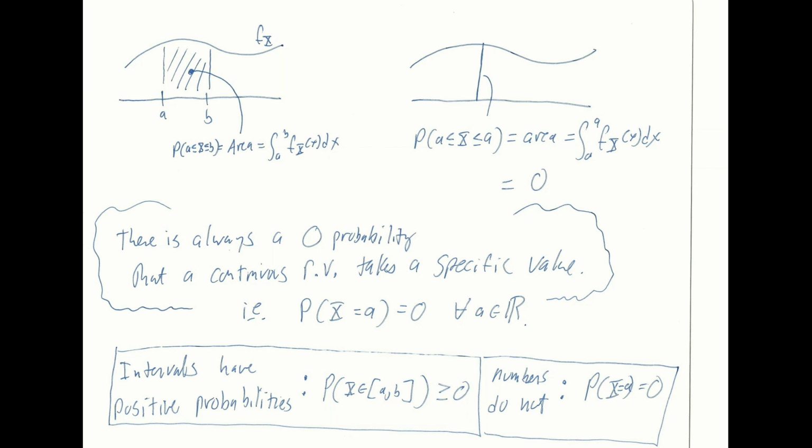That is just a quirk of the mathematical definition of continuous random variables. Intervals have positive probabilities, but specific numbers always have 0 probabilities associated with them. So this can be a bit strange, I grant you that, but it is the way that these probabilities work, with likelihoods defined as integrals being areas under a curve.